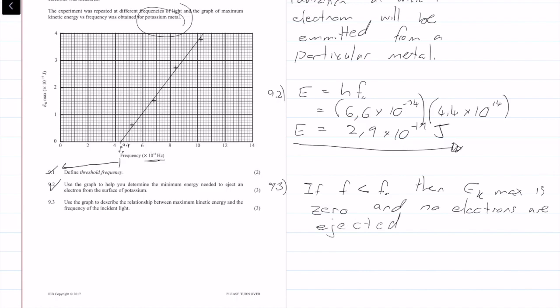That's the one scenario, because f naught is our threshold frequency.